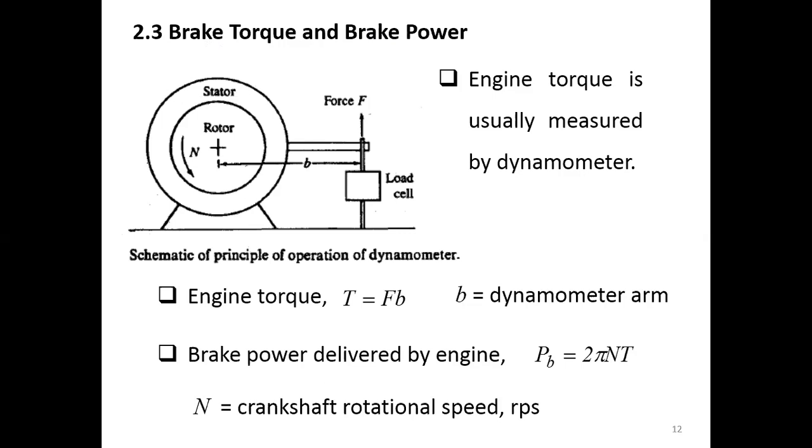The engine will provide us not only power but also torque. The torque is important for how fast we can move the engine or the car from its initial position. So torque is important because of this.